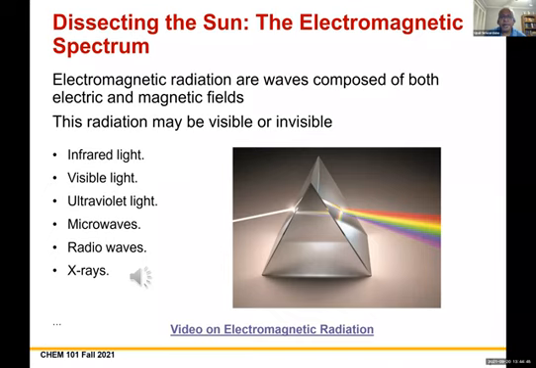There are mainly seven radiations we talked about. Gamma rays are the highest energy electromagnetic radiation, appearing below UV light.